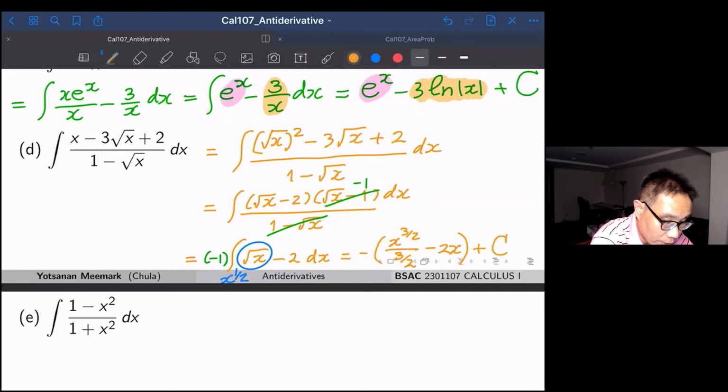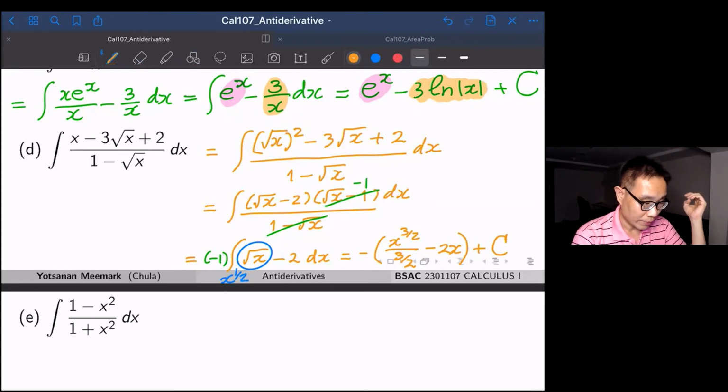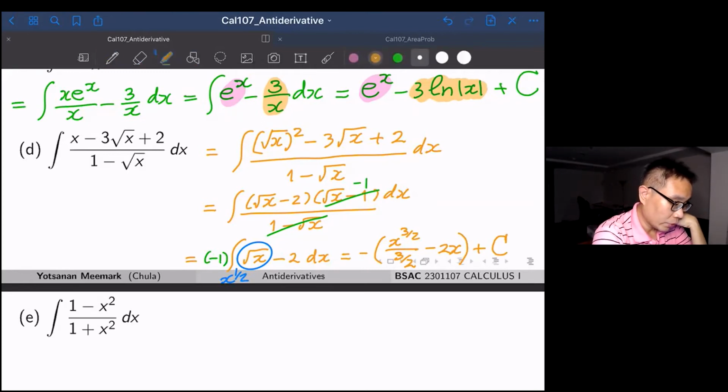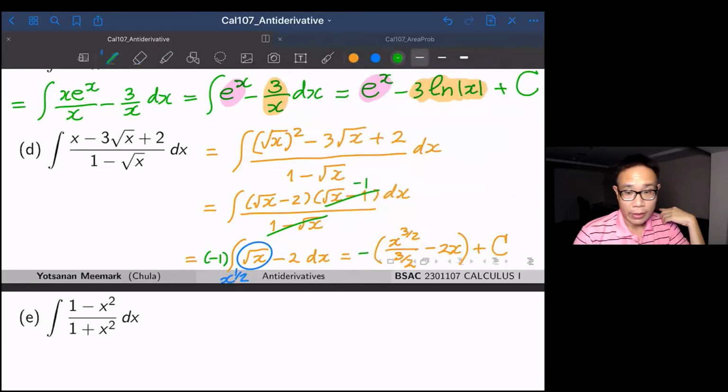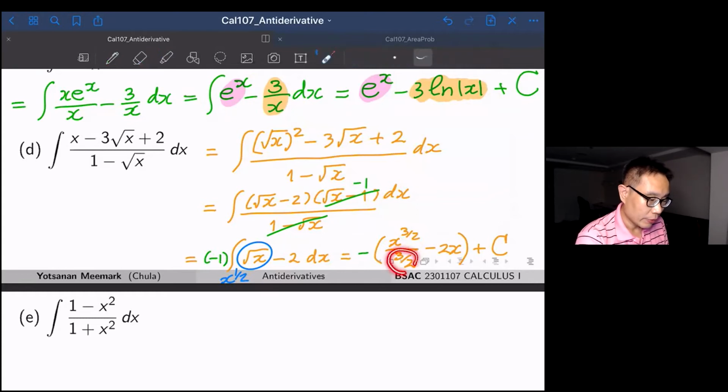Okay, and you plus c. Okay, so this is how we obtain your final answer. Okay, so this one I should use the green color, right? So this guy is your negative side. Okay, so you may write your answer in this way, or you may flip 3/2 up, so you get 2/3. Okay, it doesn't matter to me.